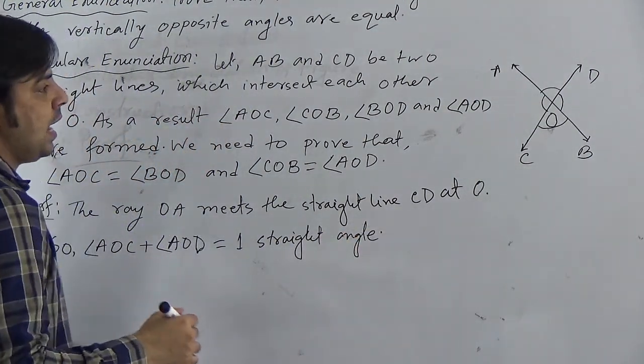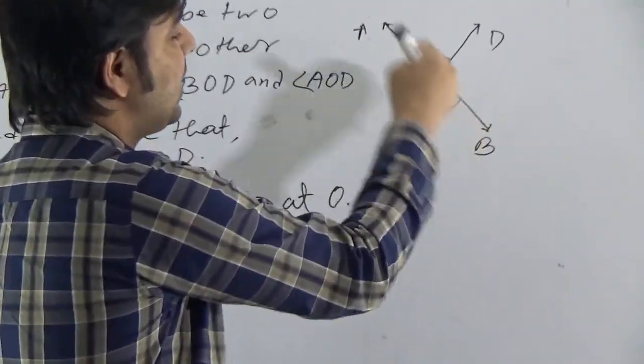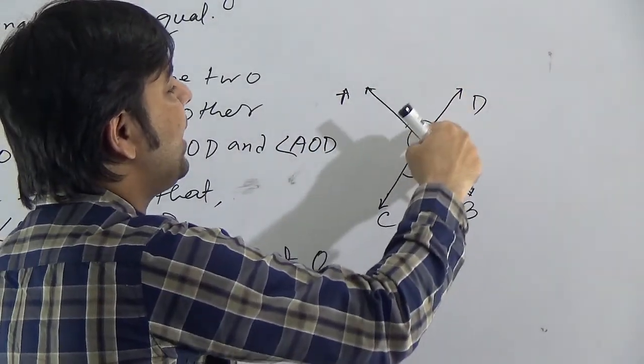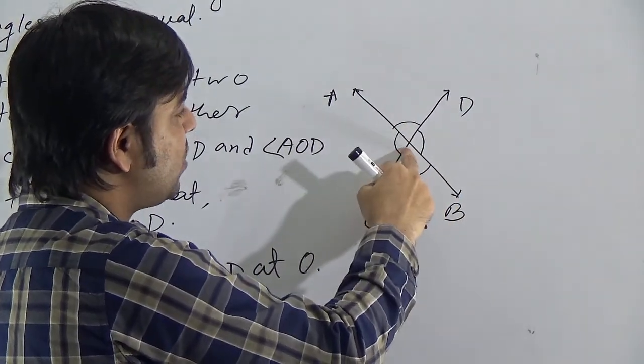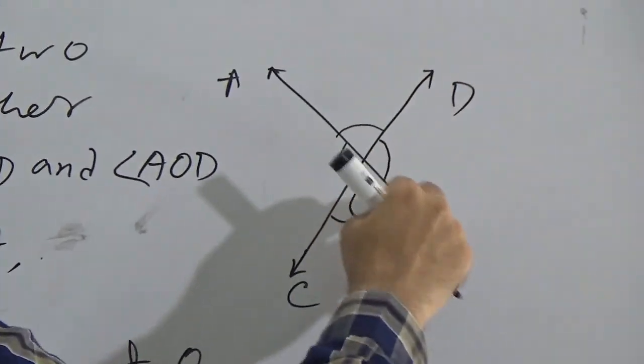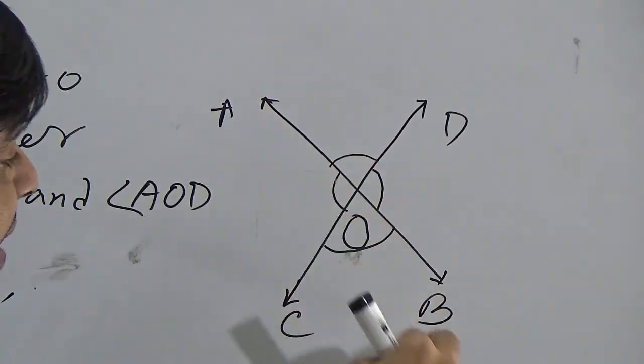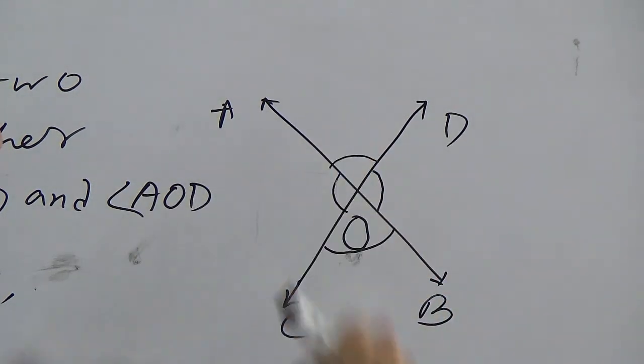The students again observe that AB is a straight line and OD is a ray. The ray OD meets AB at O. As a result, two adjacent angles AOD and BOD are formed, and as AB is a straight line, the sum of these two angles will be equal to one straight angle.